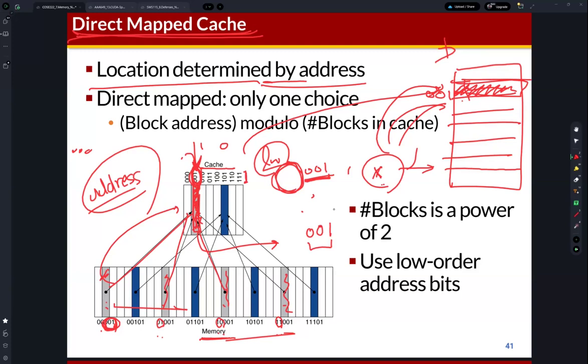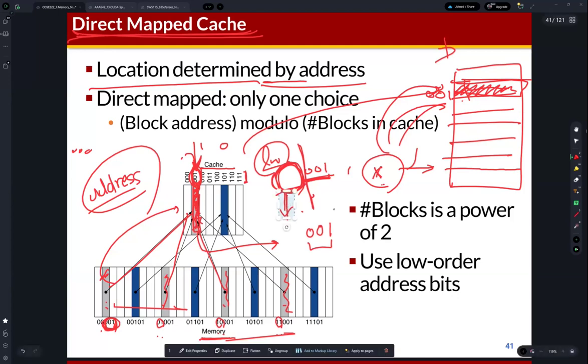Do you understand? In order to identify the data in a cache, we might think we need to store the entire address, but actually we just require part of the address bits. So this data is called a tag.